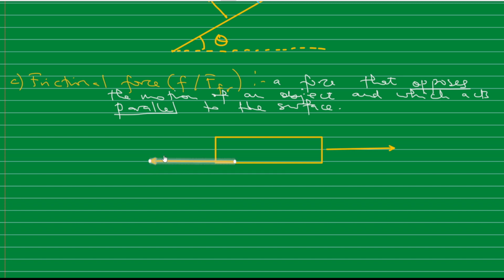Okay, so that force is what we call the frictional force, and this one will be the direction of motion. Let's say we are applying a force here, so the object is moving to the right, so F is a frictional force because it is opposing the direction of force. Firstly. Secondly, the frictional force is always parallel to the surface. So if our object is moving on a surface.